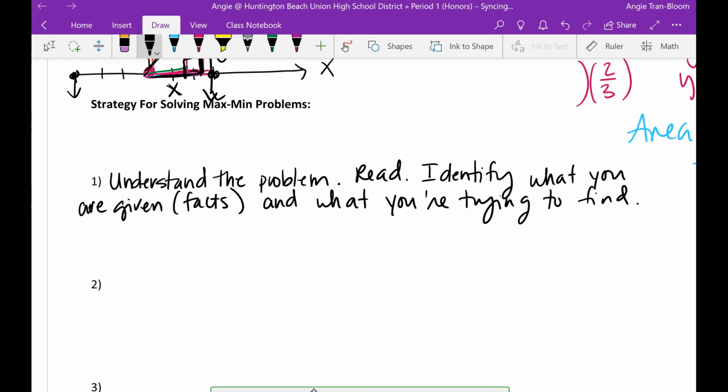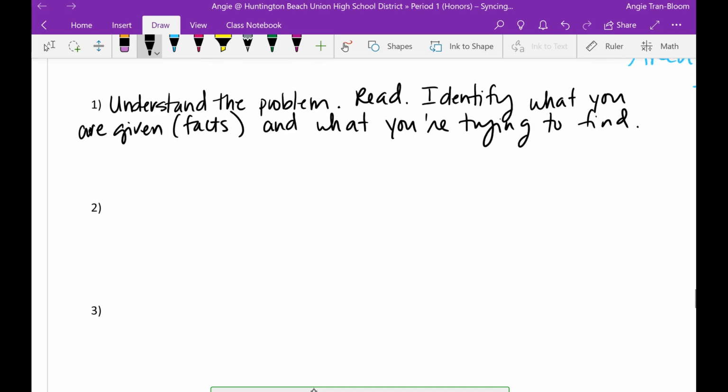Even when I work out your homework, oftentimes I don't know what they're trying to find. So I draw a picture, take a piece of paper and really fold things up to see what they're really trying to look for. So that's exactly what we're going to try to do. Draw pictures.